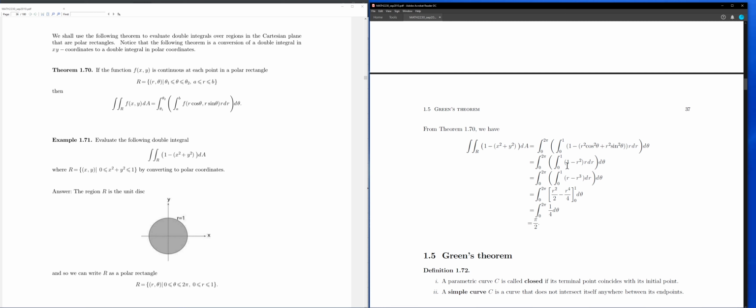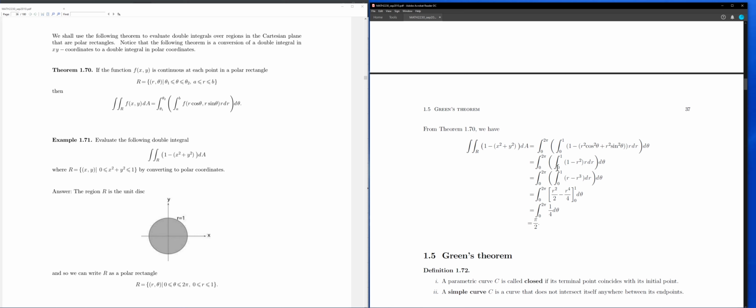But now this is a polar rectangle, and the cases we would look at in this class only have constants here and here, which means this integral is like the double integral for the rectangular case that we did before.